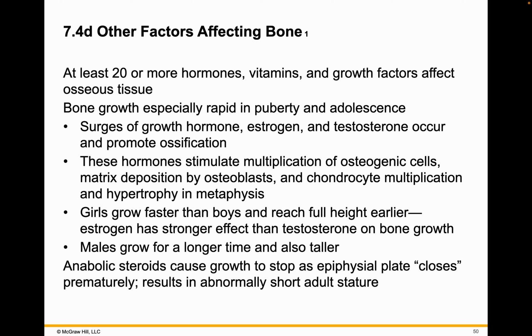Girls grow faster than boys and reach full height earlier. Estrogen has a stronger effect than testosterone on bone growth. Males grow for a longer time and are generally taller. Anabolic steroids are going to cause growth to stop as they speed up the epiphyseal plate closing.